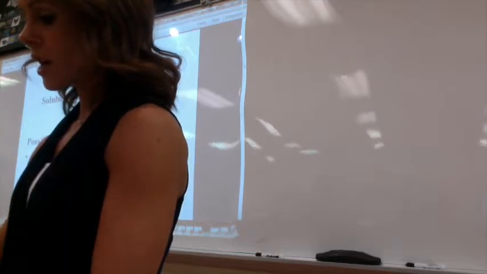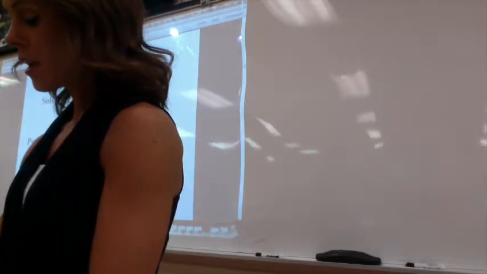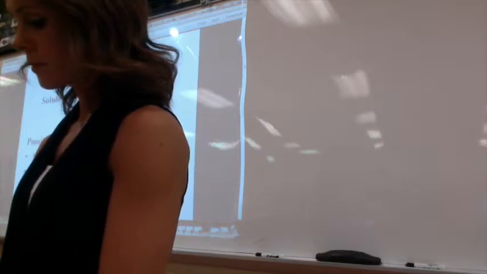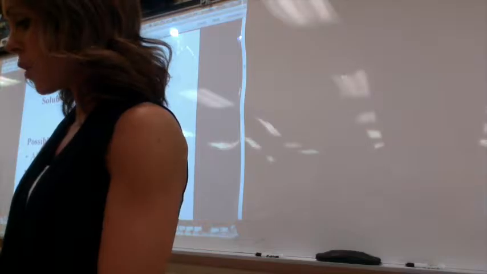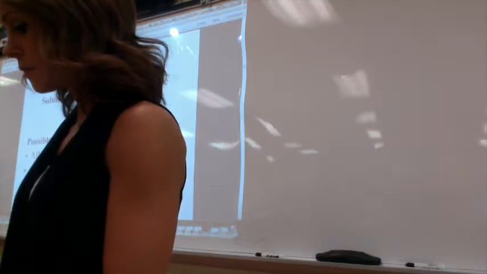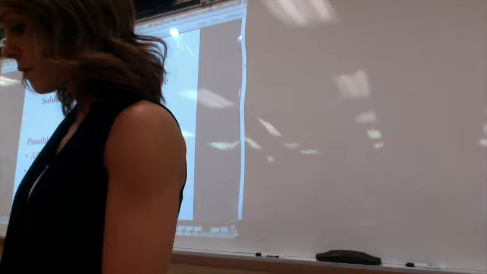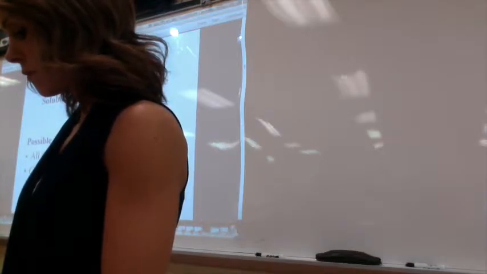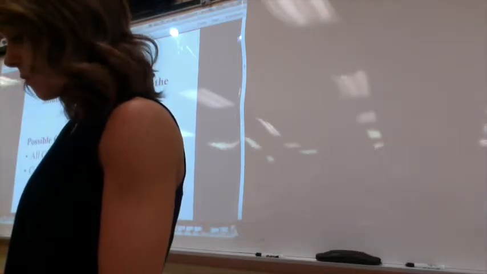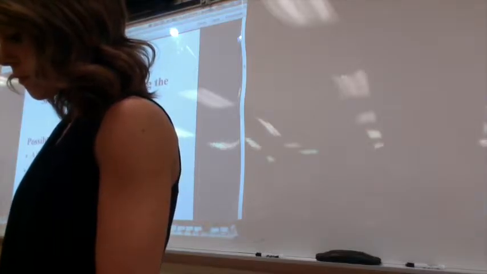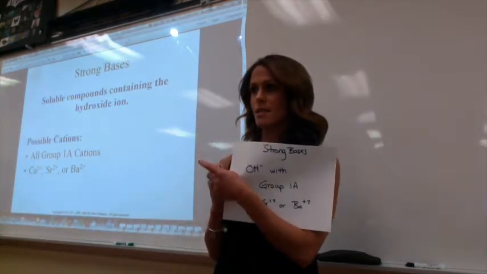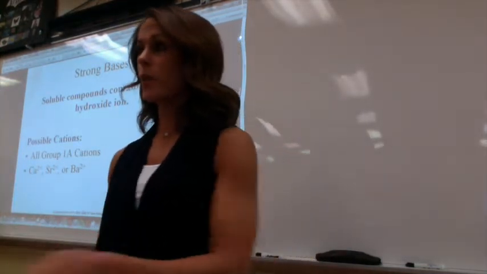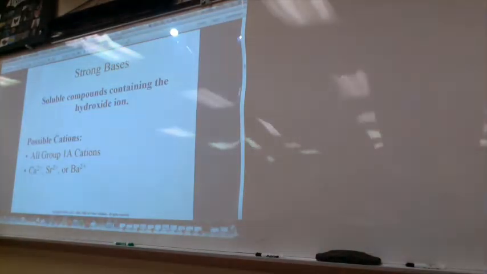So strong bases are hydroxide with group 1A, and then calcium, strontium, or barium. You got it, jot it down? All right, so again, if we have reactions with this, we're going to have a one-way arrow. So complete dissociation.